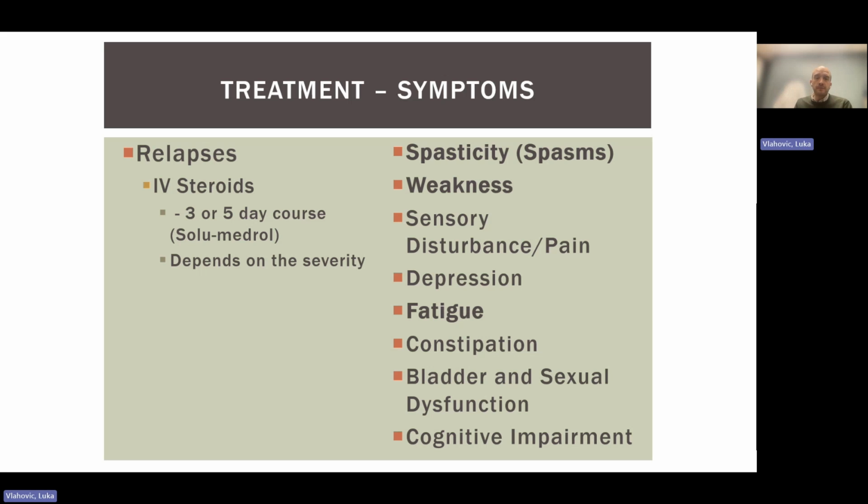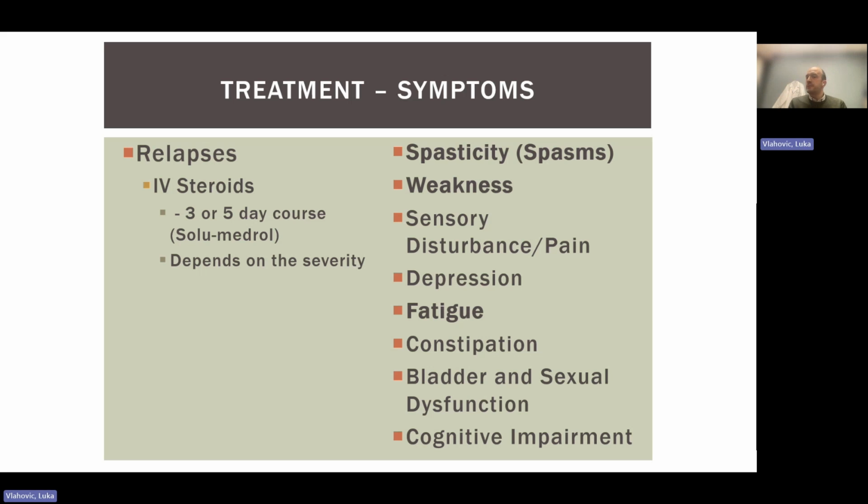In terms of the symptoms, this is also what was discussed on some of the prior slides. There are really many options that we can use to treat present symptoms. For example, for spasticity, there are a few spasmolytics that can be used beyond physical therapy, which can also help with weakness, in addition to different assistive devices.